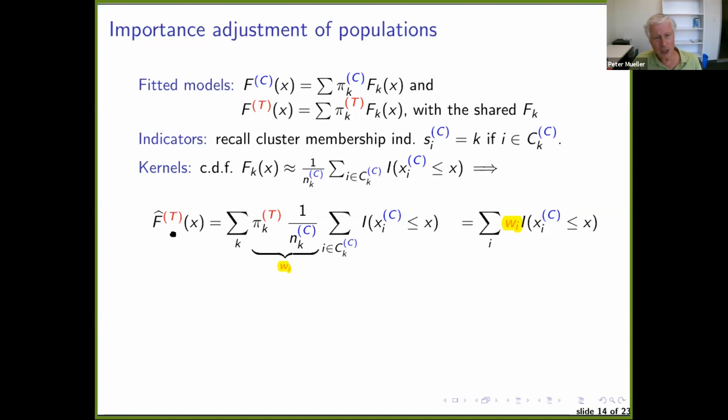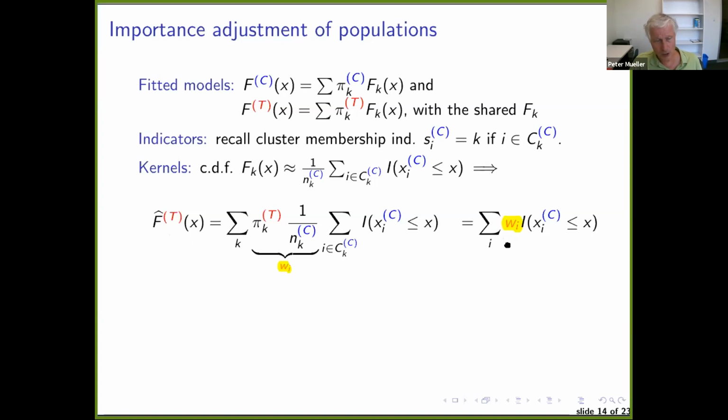Can you read it as, I can approximate the CDF of the red mixture model by the empirical distribution of the blue patients when I weight them with that highlighted weight W sub I. So at this moment, I have shown that I can do that for the CDF.